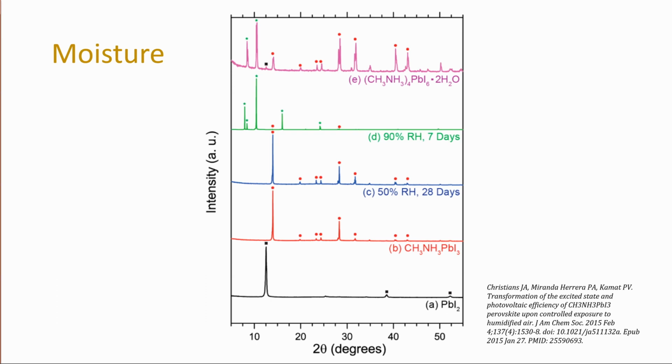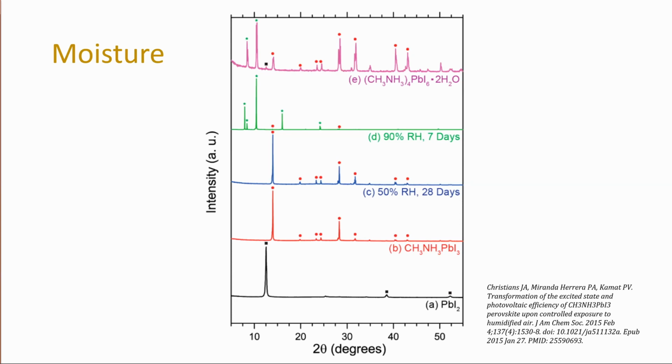The sample kept at 50% relative humidity did not degrade. However, the sample kept at 90% relative humidity showed peaks at 7.93 degrees, 8.42 degrees, 10.46 degrees, and 16.01 degrees, which are characteristic of the hydrate, which was shown in pink.